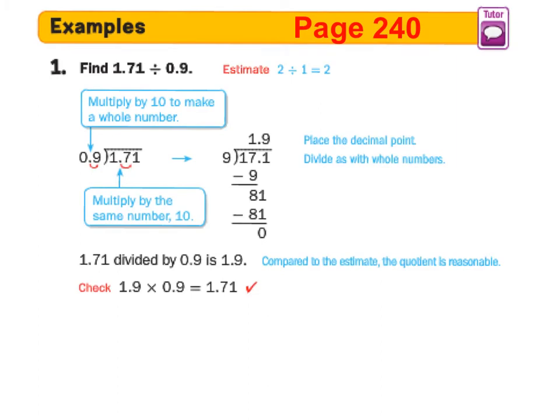Here's what we mean. So in the first example, we're going to take 1 71/100 and divide by 9/10. So we write it out normal here. 1 71/100 divide by 9/10, but we can't divide by 9/10. We want to divide by the whole number 9. So we swoop that decimal over 1. We multiply by 10 and swoop it over 1.